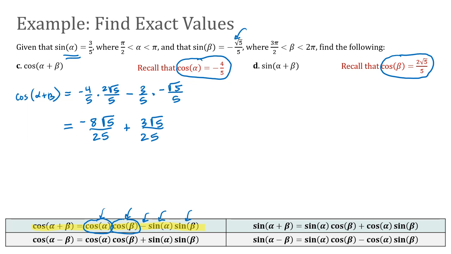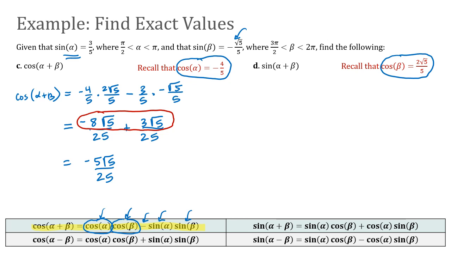We can actually add because we have the common denominators, but not only that, these numerator terms both are square root of 5. We have negative 8 square root of 5. We have 3 square root of 5. So altogether, we have negative 8 plus 3 square root of 5. Negative 8 plus 3 is negative 5 times the square root of 5 over 25. And that's a really nice answer.